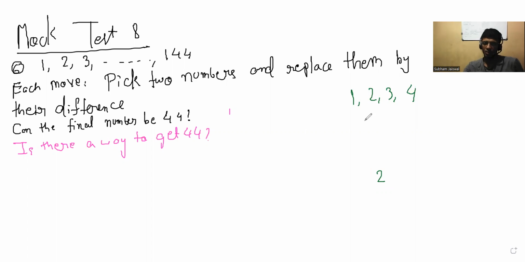Yes, you do 3 minus 2, and then you do 4 minus 1, and then you do this. See, it's possible to get 2. Is it possible to get 4? You can't do 1 plus 2.